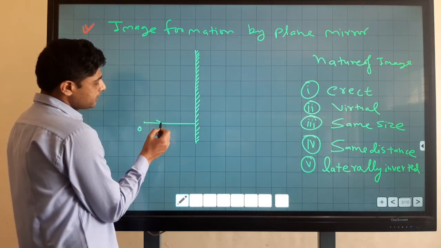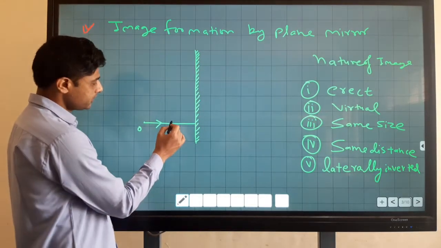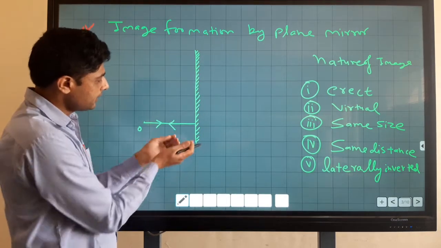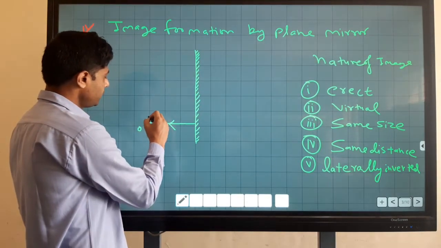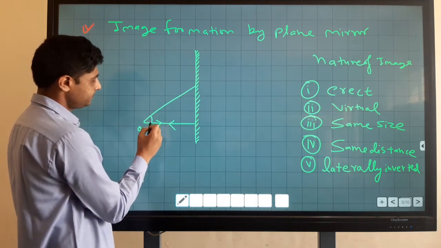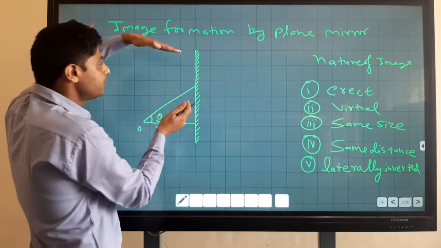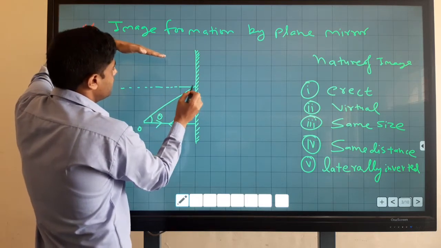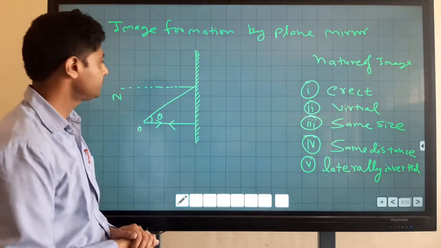When a ray of light is incident normally, it follows the same path. It means it is reflected back by following the same path. But when a ray of light is incident at a particular angle, then reflection takes place. This is the normal drawn on the surface of the plane mirror.